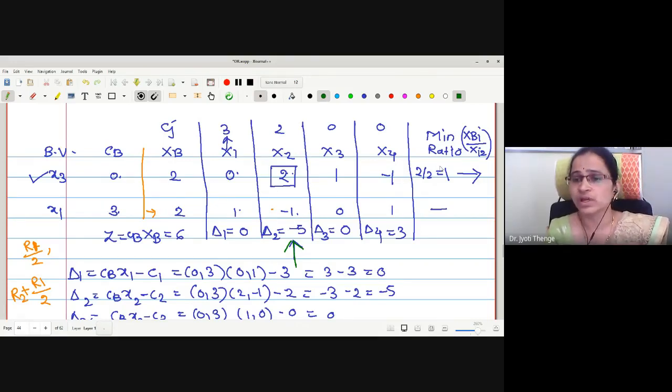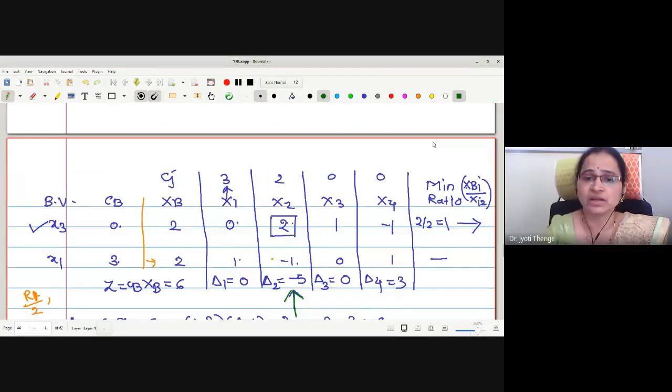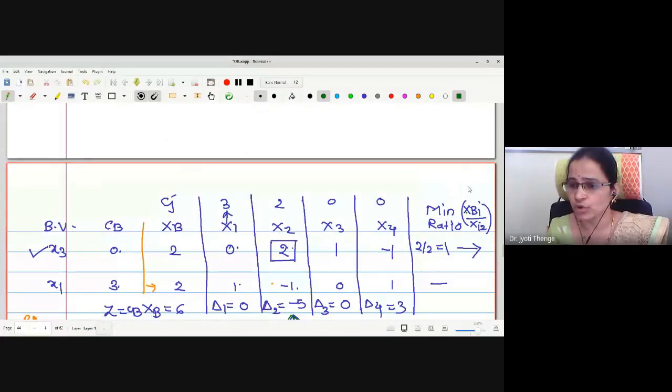Now, what to calculate? The minimum ratio for the criterion of the outgoing variable. What is the formula? XBI upon XIR. Here R stands for 2 because the second column is entering. XBI upon XI2. But whenever we write this formula of minimum ratio, we want XI2 greater than 0.